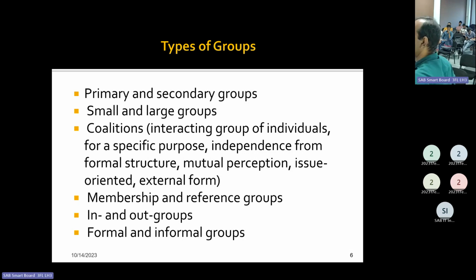They are somewhat independent from the formal structure, and they have mutual collaboration and perception. They are formed to handle different issues or problems faced by the organization. That's what I referred to in those examples: ERP teams, project teams, quality control circles or quality control teams.